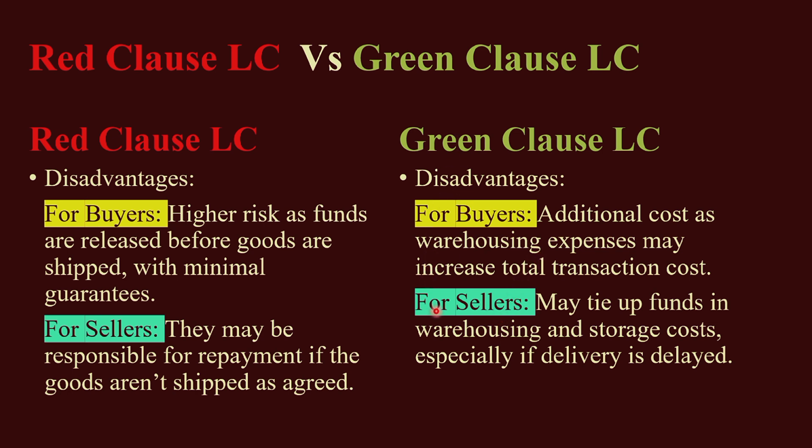On the other hand, the seller may tie up funds in warehousing and storage cost, especially if delivery is delayed. These are the disadvantages for the case of green clause LC. These disadvantages are related to the additional advance payment plus warehousing expenses or warehousing related cost.